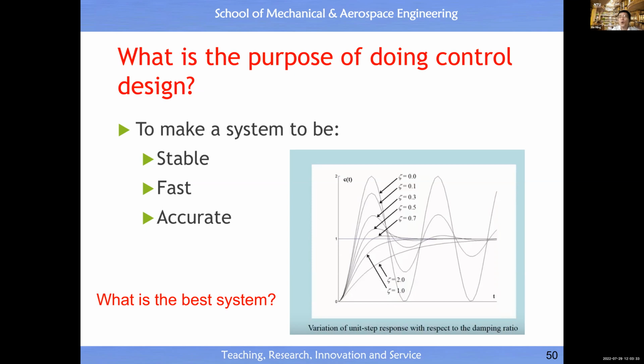Then the question is how to add in the additional transfer function, or how to determine the best parameter of the existing feedback control loop, so that the system will give a better result or behave very closely like a static system. Understand?